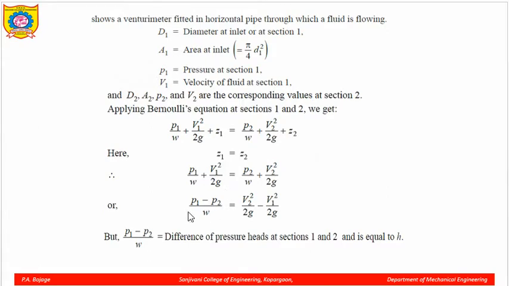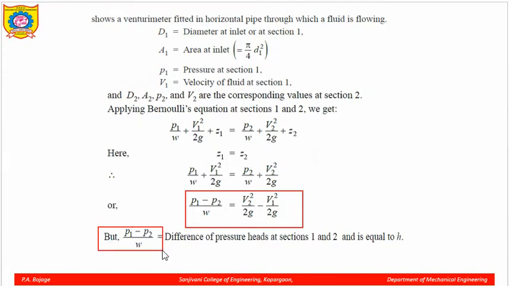Now, rearranging this equation, P1 minus P2 upon W is equal to V2 square upon twice G minus V1 square upon twice G. Now, what is P1 minus P2 upon W?